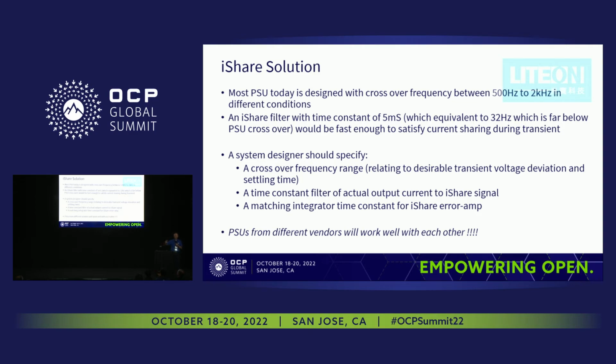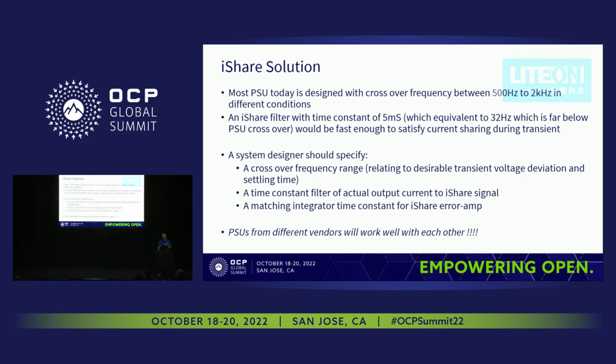That is way lower than the response of the power supply, so every time the iShare makes a change, the power supply has plenty of time to react to it. So that is a reasonable number that you can specify.